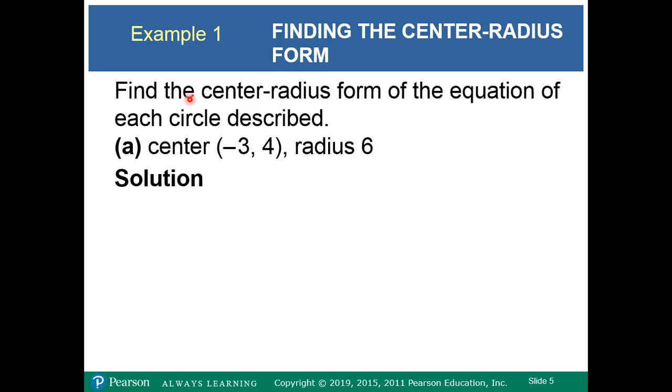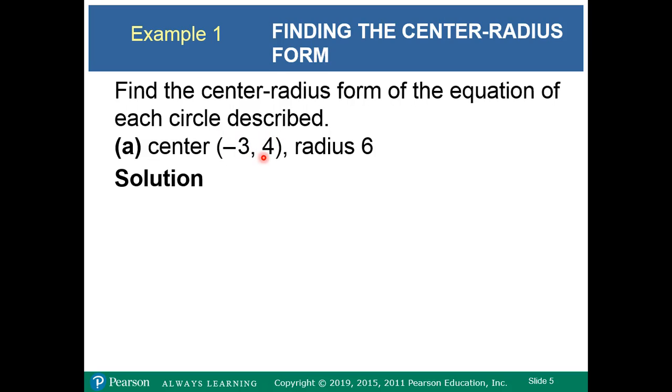Now here it says find the center radius form of the equation of each circle described. So here we go. They give us the center of -3, 4, and a radius of 6. So this is H, and this is K, and this is R. And so we're going to basically say X minus -3, which is the same as X plus 3.